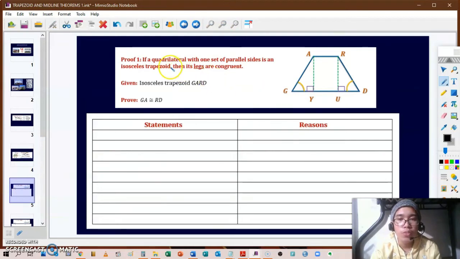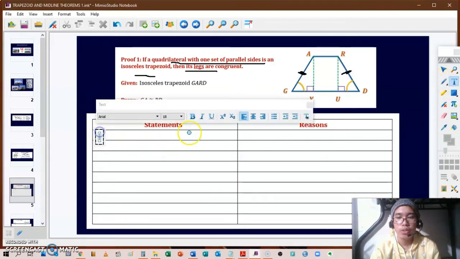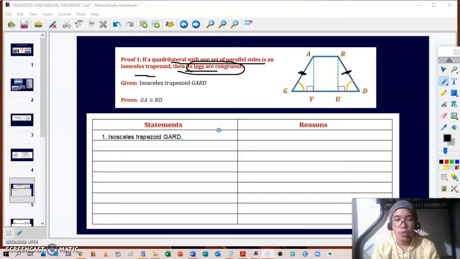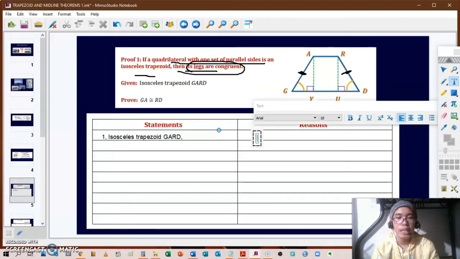We want to prove that if a quadrilateral with one set of parallel sides is an isosceles trapezoid, then its legs are congruent. Essentially, we want to prove that line segment GA is congruent to line segment RD. What can be our first statement here? We can write: given isosceles trapezoid GARD, and the reason is simply given.